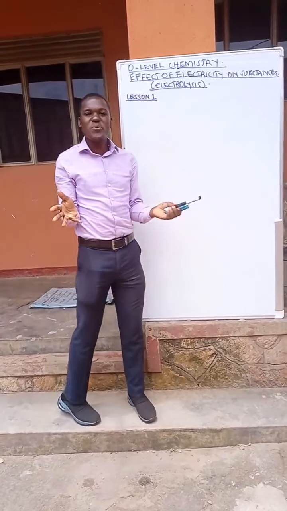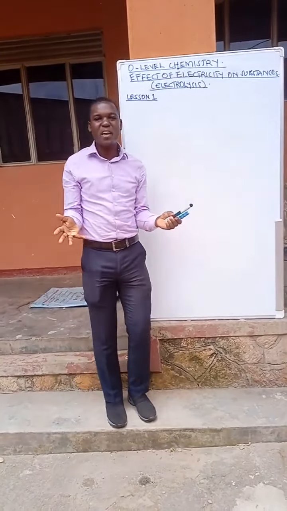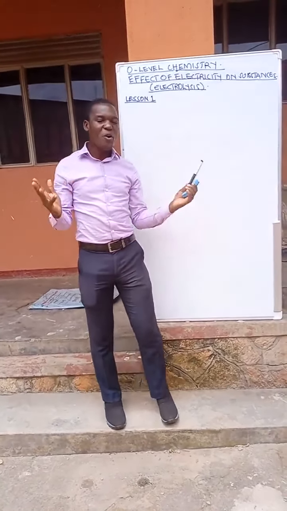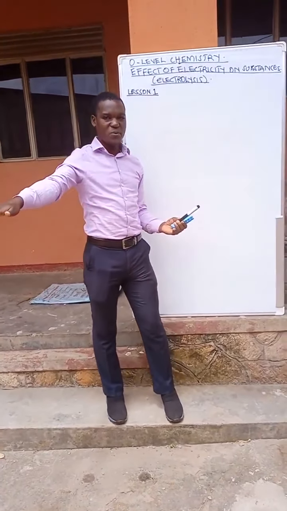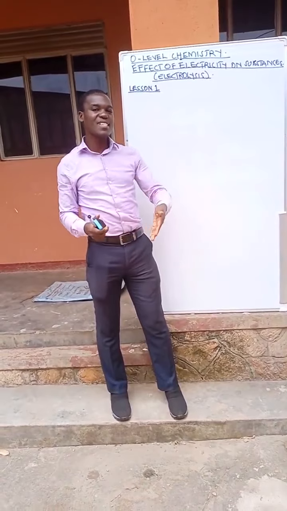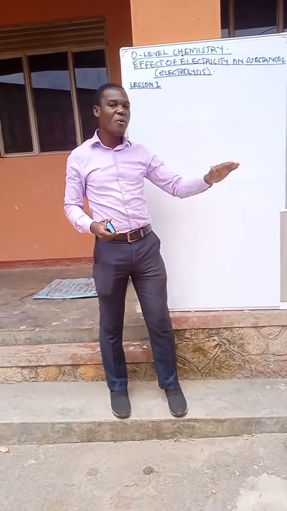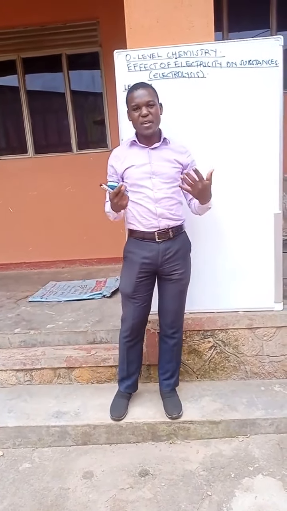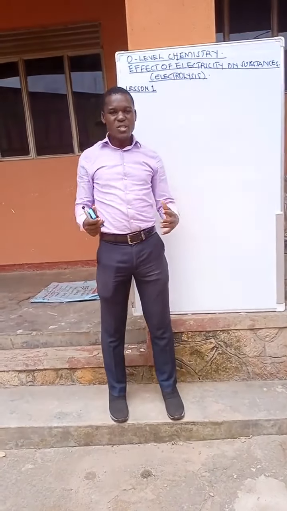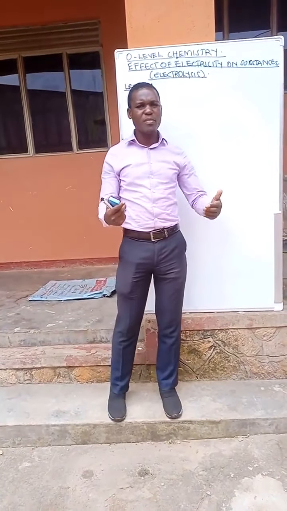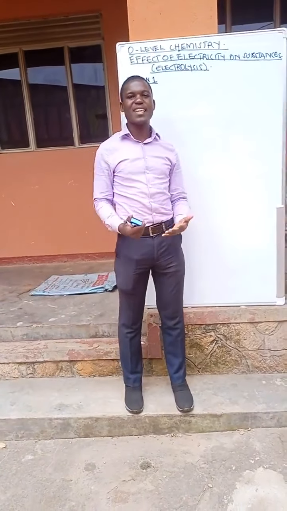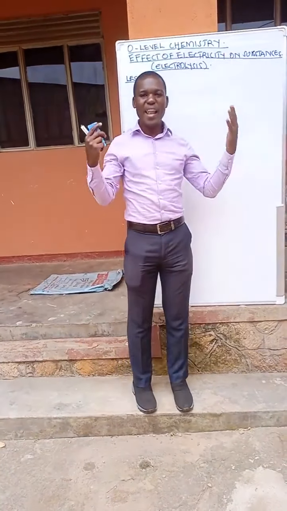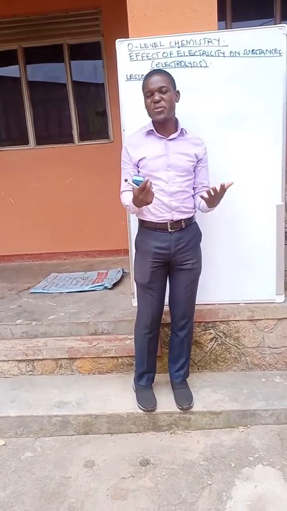Now, dear viewers, we are saying that the topic is effect of electricity on substances. When it comes to how substances behave with electricity, there are those substances that allow electricity to pass through them, and there are those substances which can never allow electricity to pass through them. So if I may ask, how do we call the solid substances that allow electricity to pass through them?